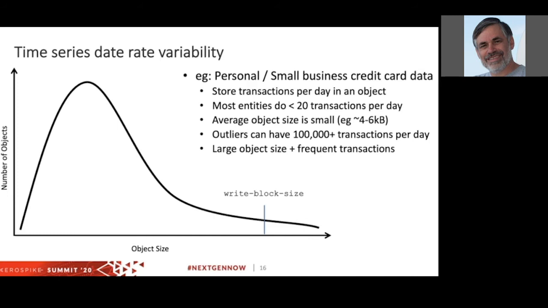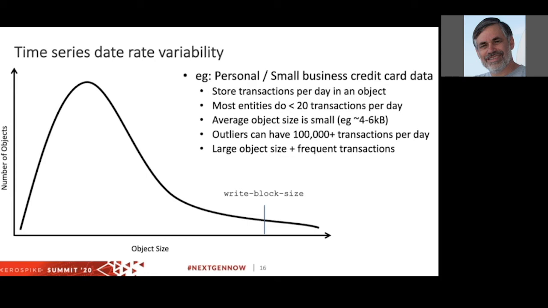You might have a single credit card, and for most people, most credit cards, less than 20 transactions per day. And so that works out fine. But what if you've got some outliers? In fact, there are businesses that will have 100,000 plus transactions per day under one credit card number or one account.